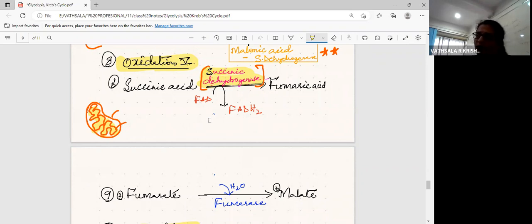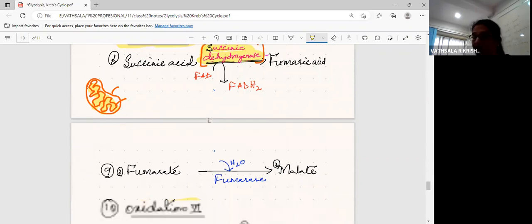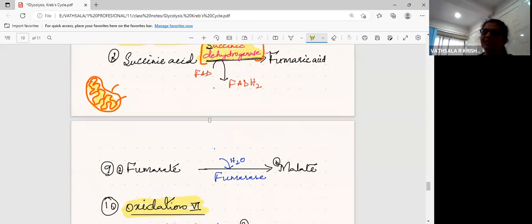Nicotinamide adenine dinucleotide is NAD. FAD is flavin adenine dinucleotide, derived from riboflavin, vitamin B2. Got it? So they are derived from vitamins. That's why vitamins are important for your body, which will enhance cell division, respiration, all these.